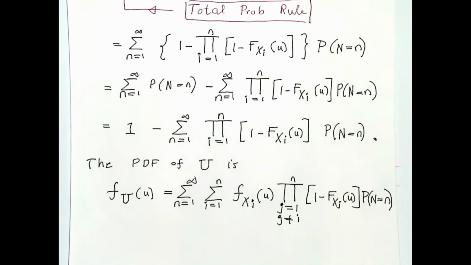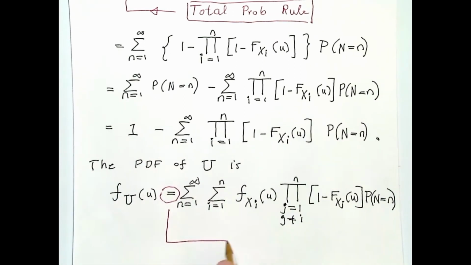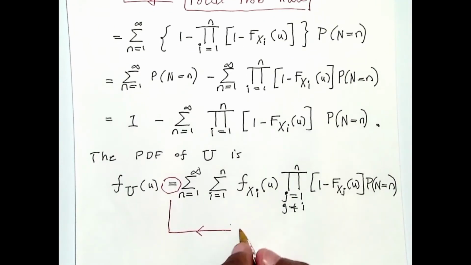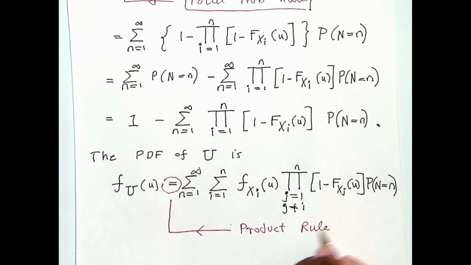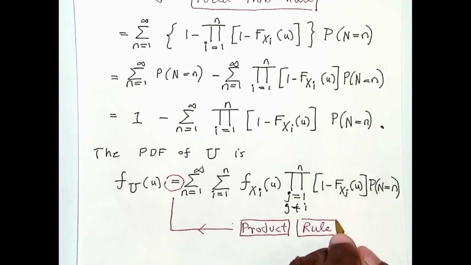So once again, in this step I have used the product rule I mentioned earlier. Okay. Right. So that's variable U.